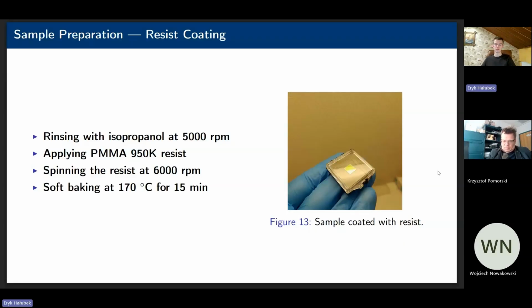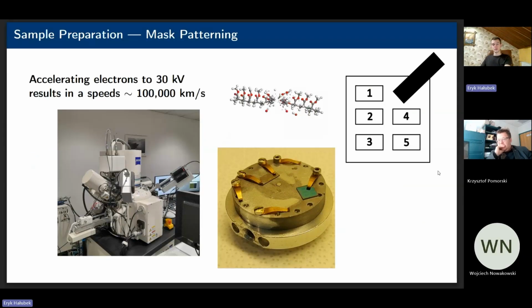Then the last step is to heat it at 170 degrees Celsius for about 15 minutes to get rid of all the remaining anisole that was used to dissolve this PMMA. So the next step is mask patterning, where we use a beam of electrons.